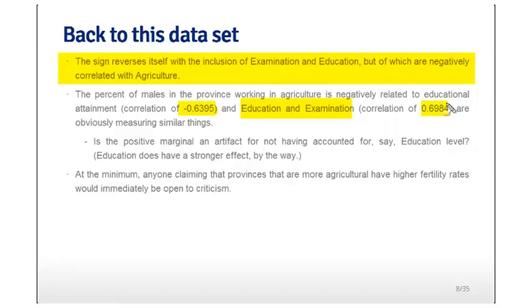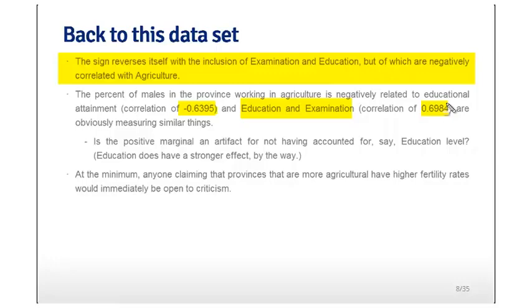So the obvious question is, which is the right model? The marginal model that disregards education, where the sign doesn't reverse, or the model with education and examination in there, which then causes this agricultural coefficient to reverse sign?